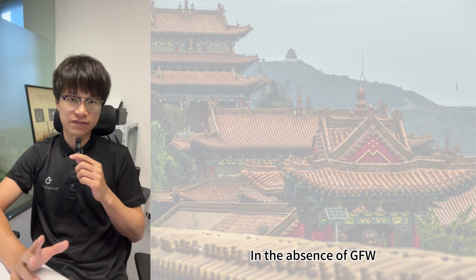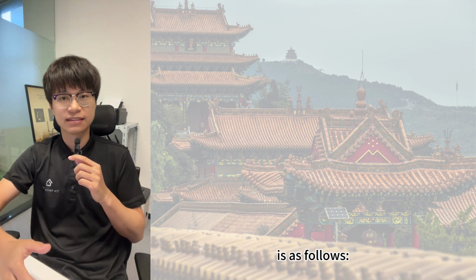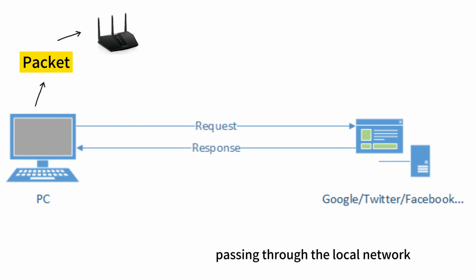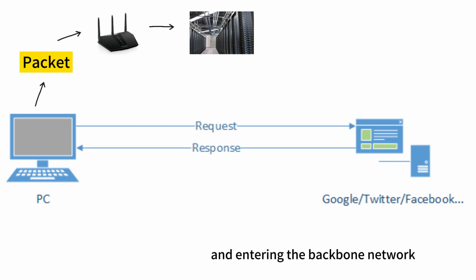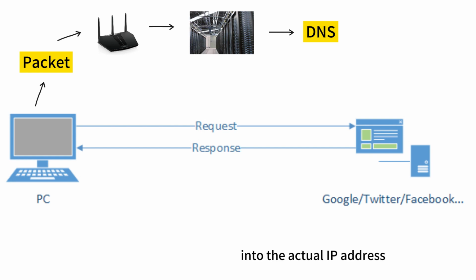In the absence of GFW, the operation of a network communication data packet is as follows. Firstly, a data packet request is sent from the local computer, passing through the local network and entering the backbone network. It then goes through DNS for resolving the English characters you input into the actual IP address of the server you want to connect to.